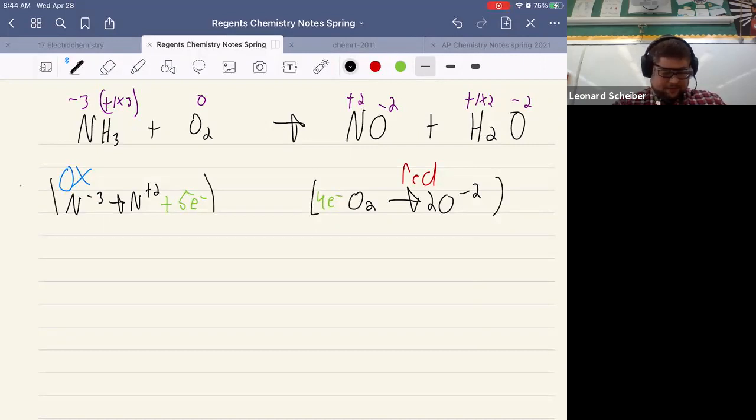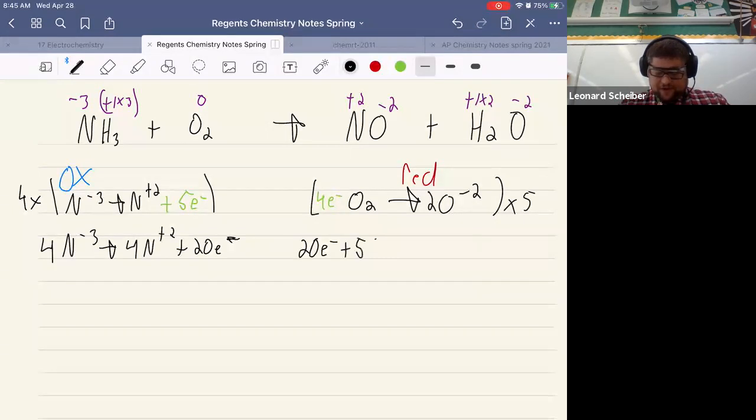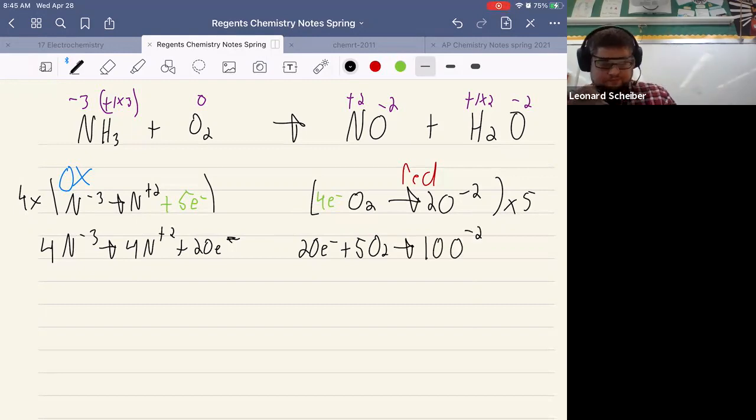The oxidation will be times 4, and the reduction will be times 5. So our oxidation half, we have 4 N -3 yielding 4 N plus 2 plus 20 electrons. And then over here, we're going to have 20 electrons plus 5 O2 yielding 10 O minus 2s.